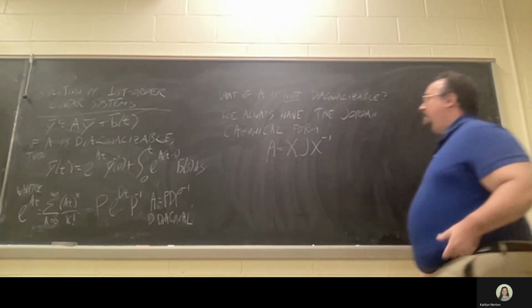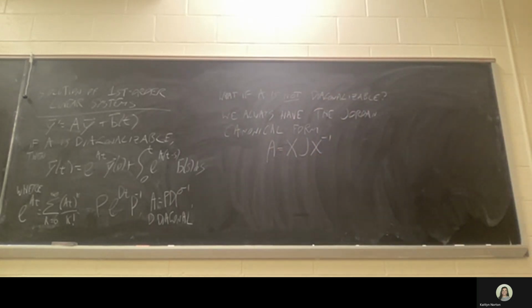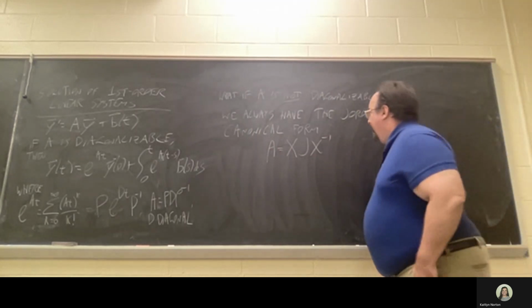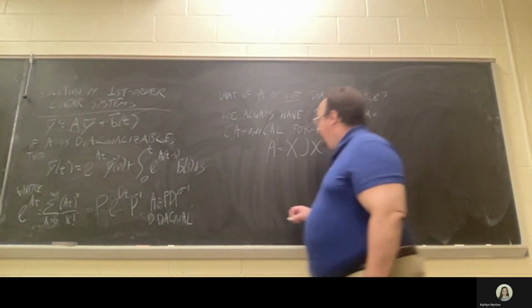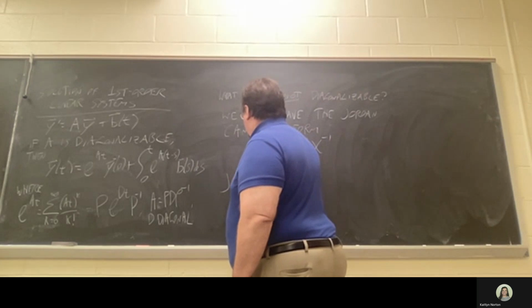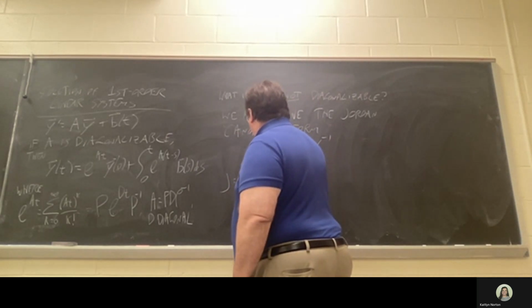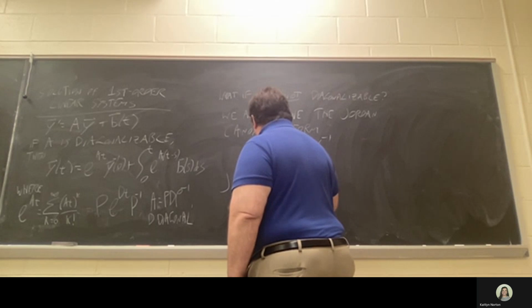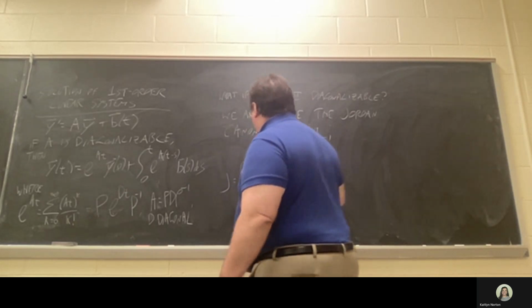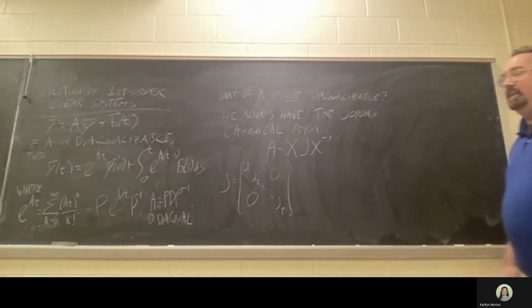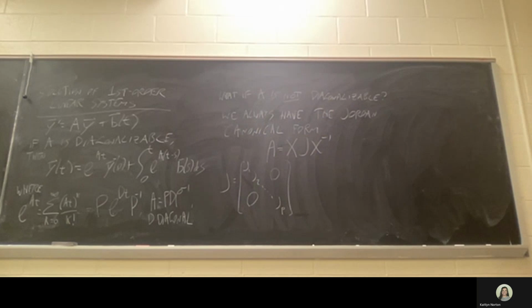This is as close as we can get to PDP inverse when that decomposition doesn't exist. And J has this form, J1, J2, Jp. It is not a diagonal matrix necessarily. It is a block diagonal matrix.